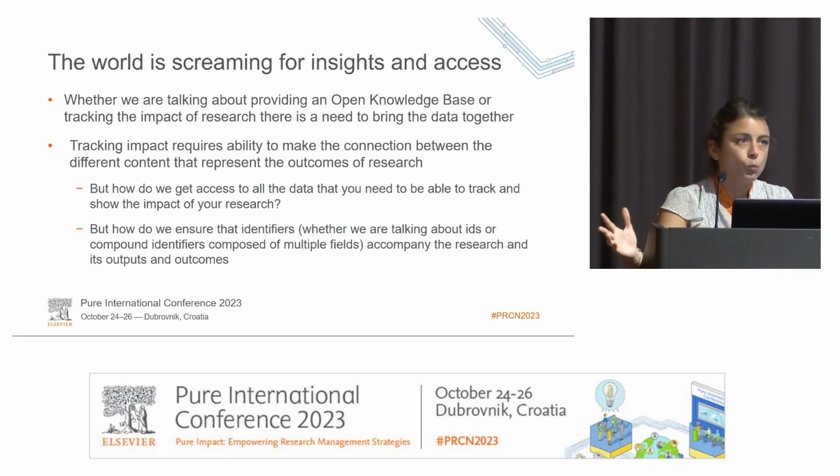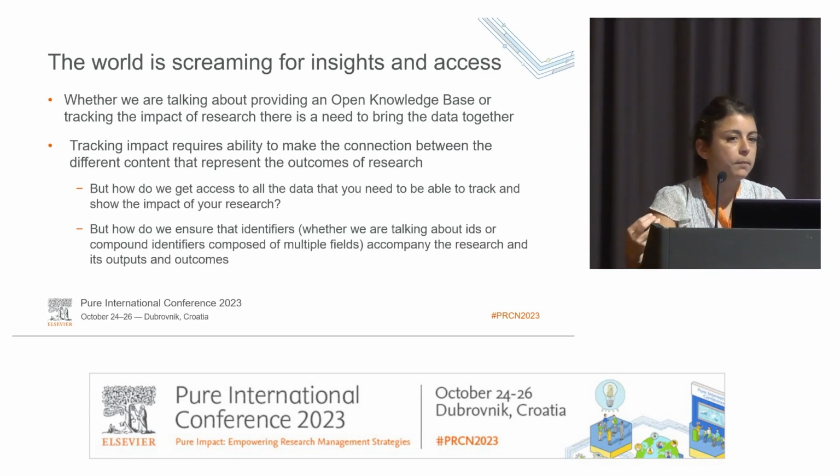Again, when we talk about open knowledge-based research activities and research output, we talk about these outputs in relation to the impact that research has on society, on other research, on the world in general.